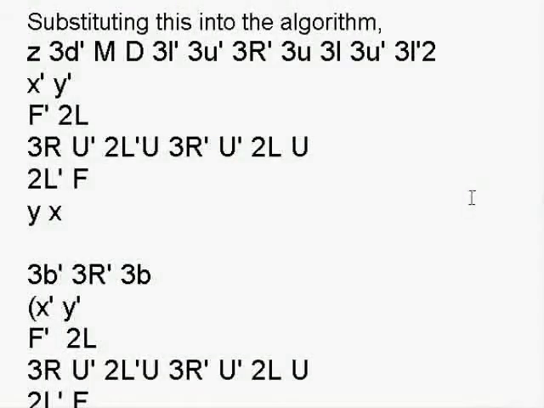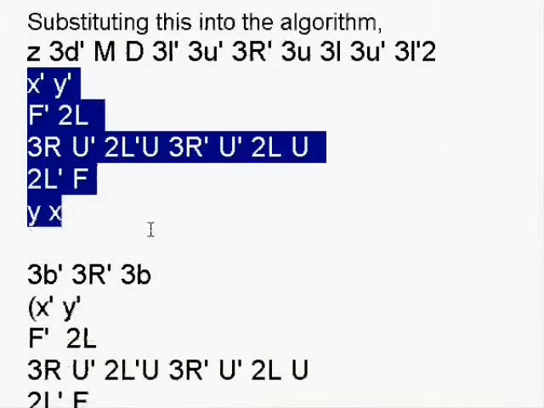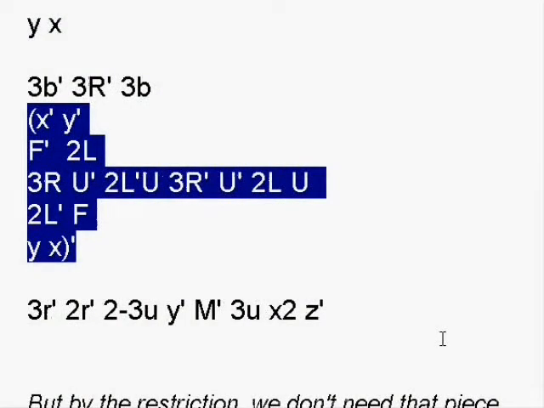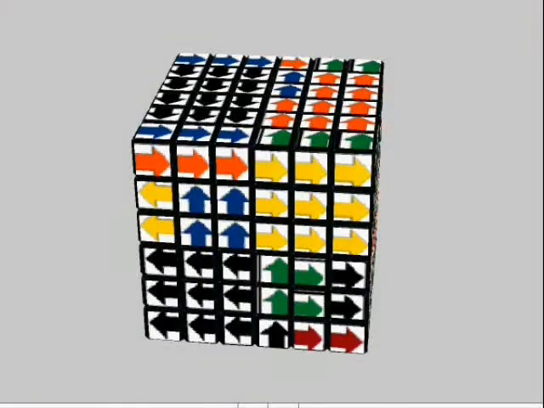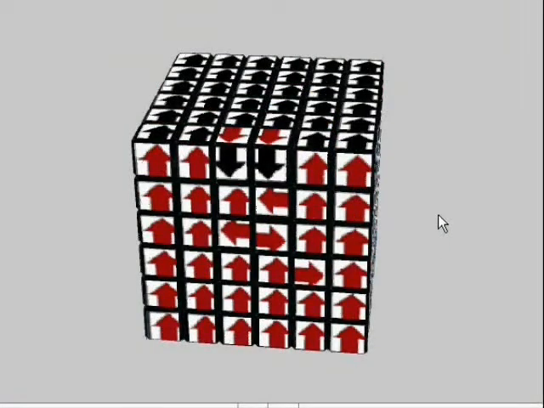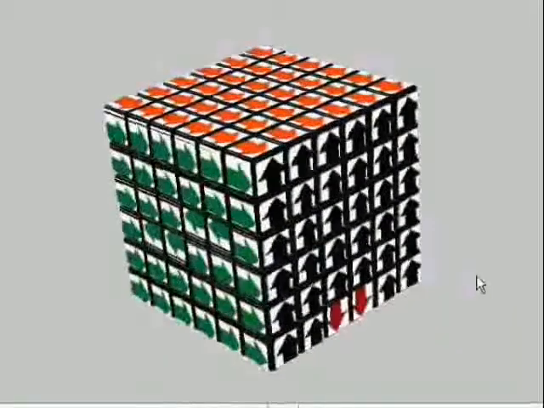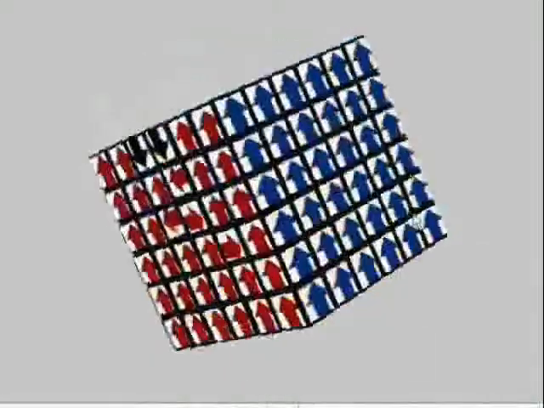So we can safely substitute this into the algorithm here and invert it afterwards here, applying all of this to the cube.